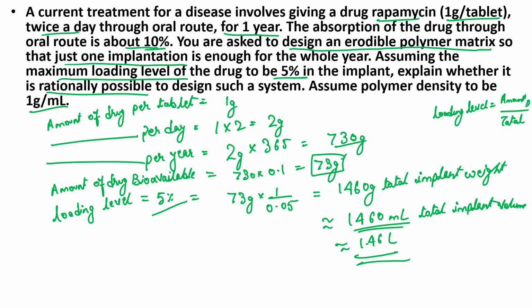So, in general we would have to conclude that this is fairly rationally not possible. However, if you can somehow increase the loading level and get it to, let us say 80%, 90%, then it is fairly feasible, because 73 gram or let us say 73 ml is not such a big volume. It is something that can be implanted, but in this particular case the value comes out to 1.46 liter, which is not feasible.